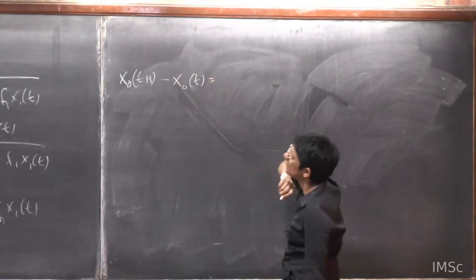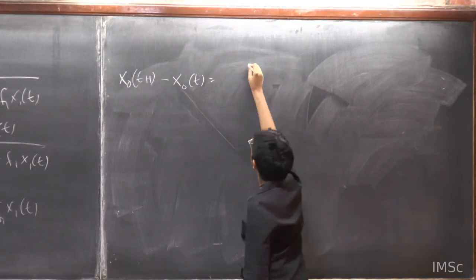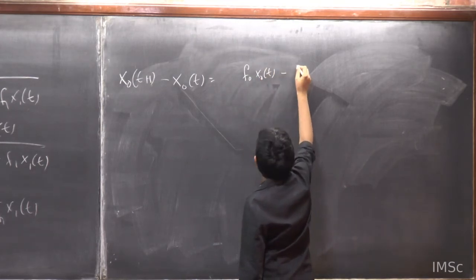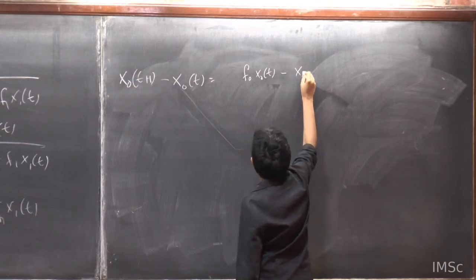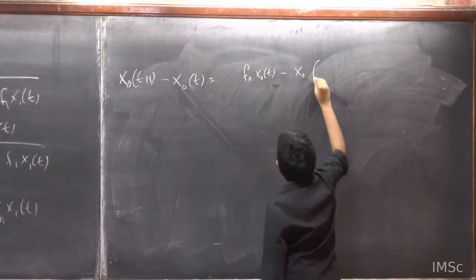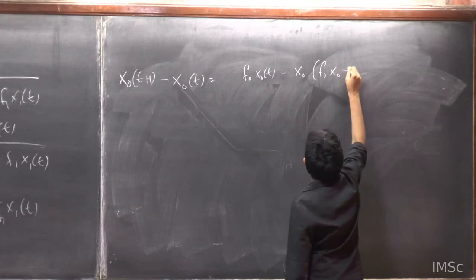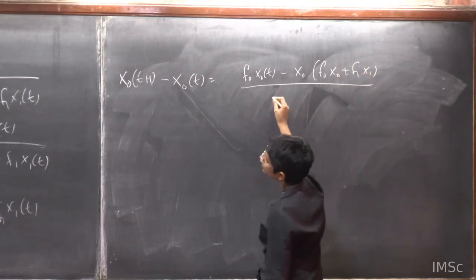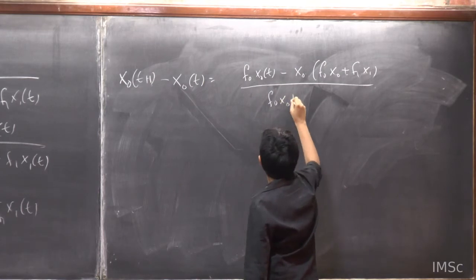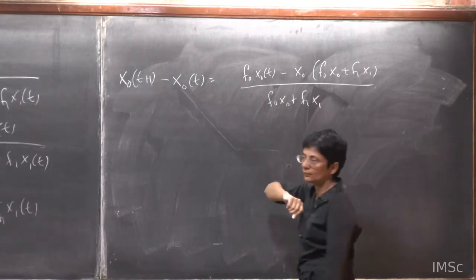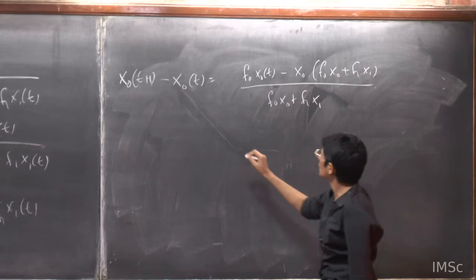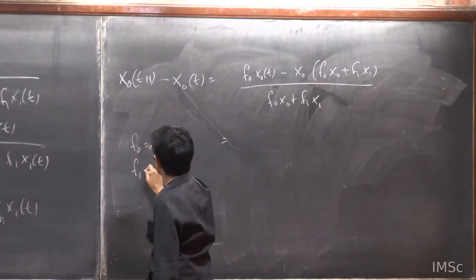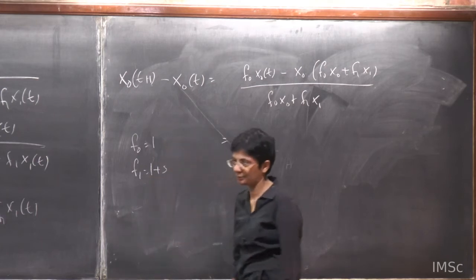Could you help? What would I get here? Now let's take f naught to be 1 and f1 to be 1 plus s.